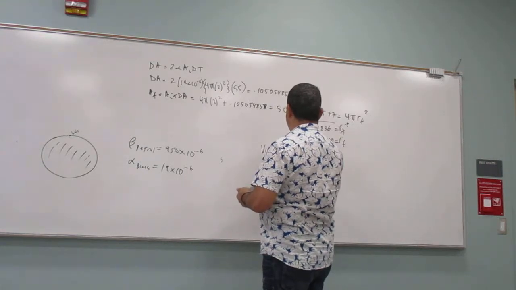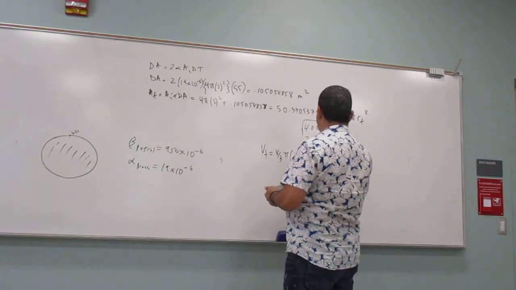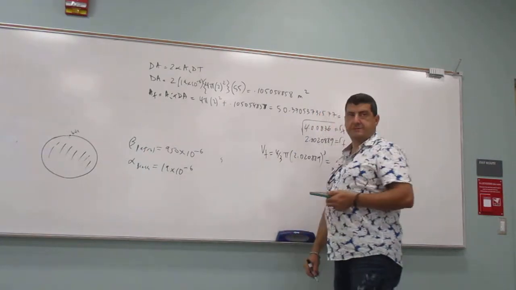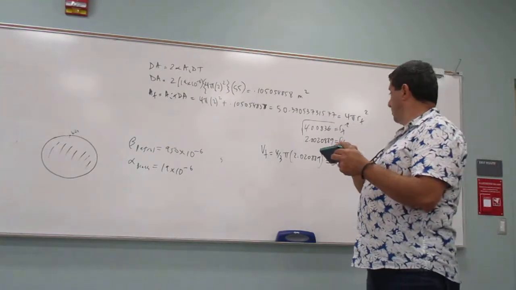Which is 4/3 pi times this radius cubed, right? So that will cube that number.